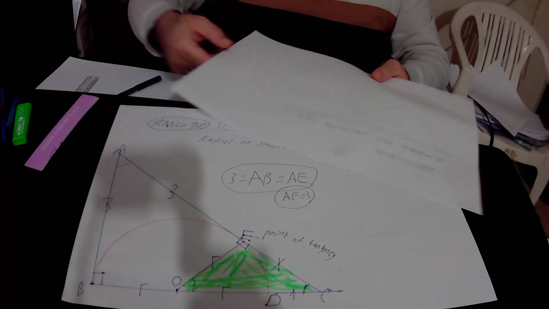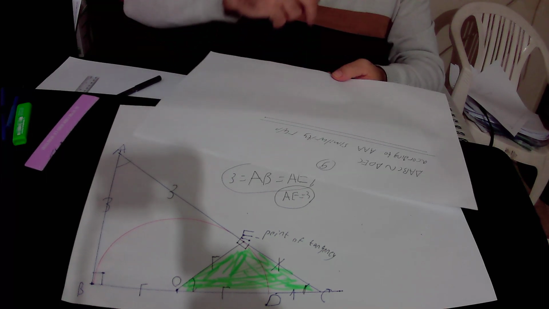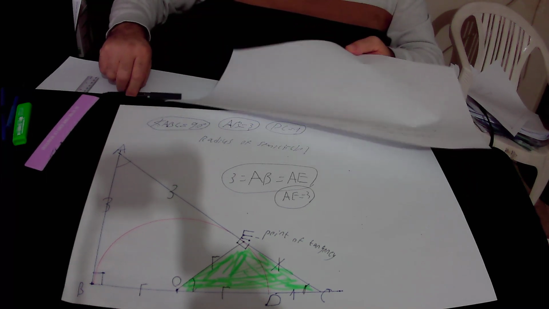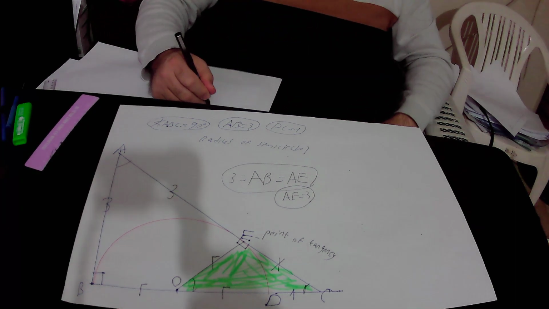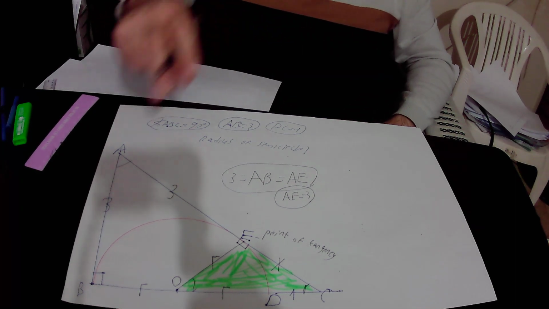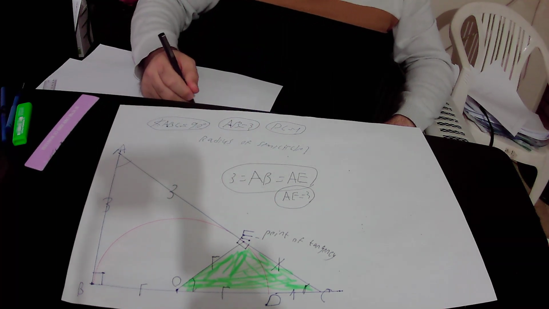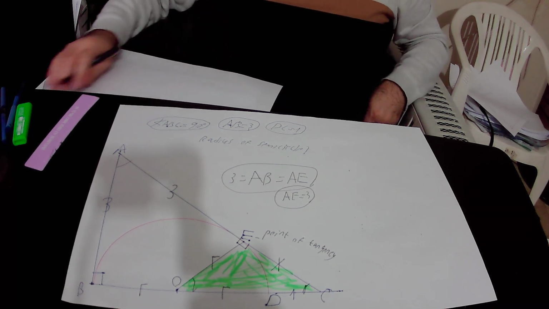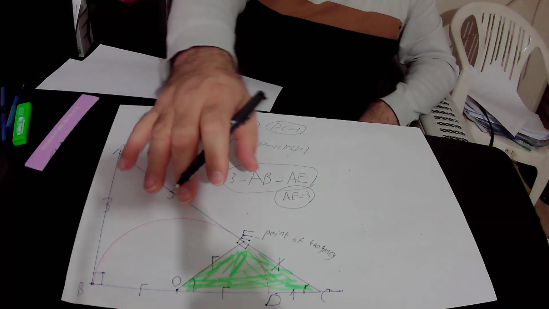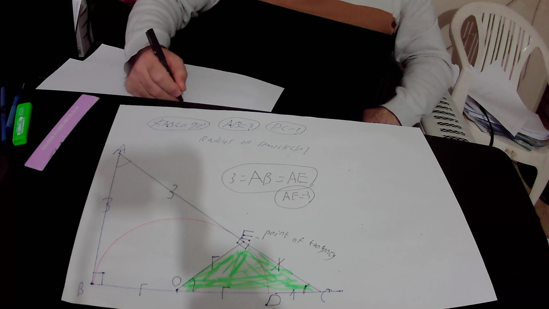And from the fact that triangle ABC is similar to triangle OEC, the green triangle, we will conclude that AB over AC in triangle ABC is equal to OE over OC in the green triangle, triangle OEC.